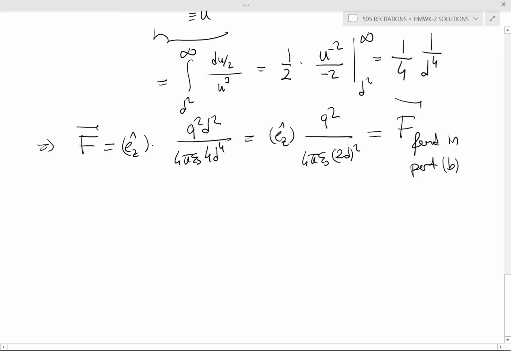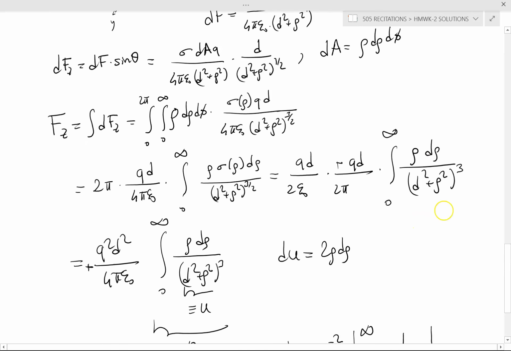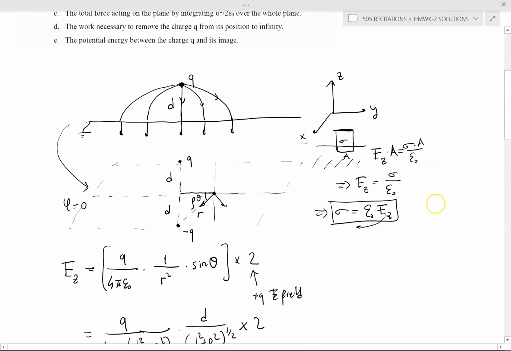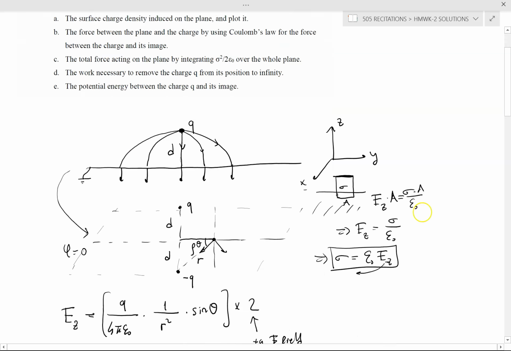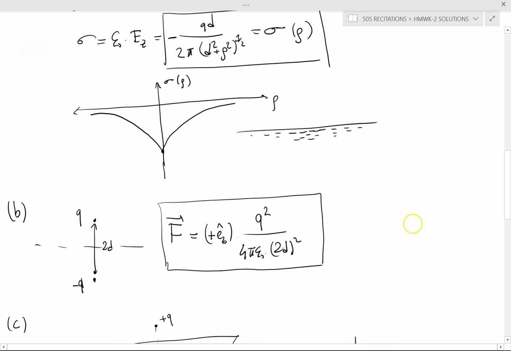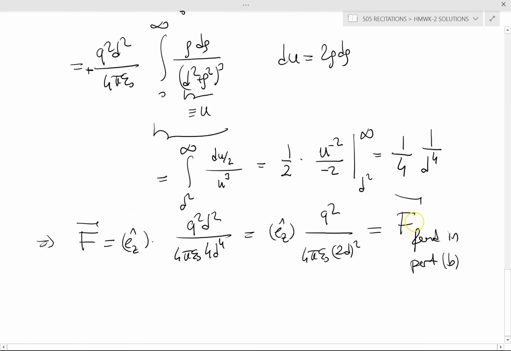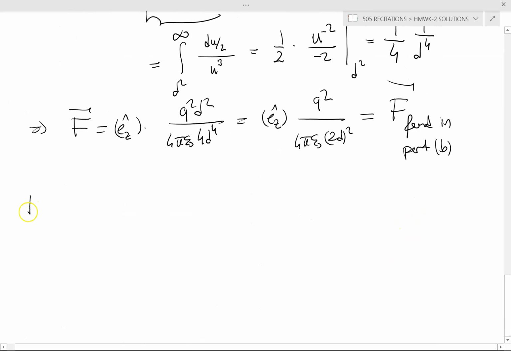Now, let's discuss the D part of this problem: the work necessary to remove the charge Q from its position to infinity. Let me be quick about it. I think we got the idea for this problem.